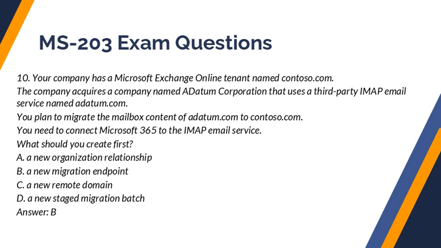You need to connect Microsoft 365 to the IMAP email service. What should you create first? A. A new organization relationship. B. A new migration endpoint. C. A new remote domain. D. A new staged migration batch. Answer: B.